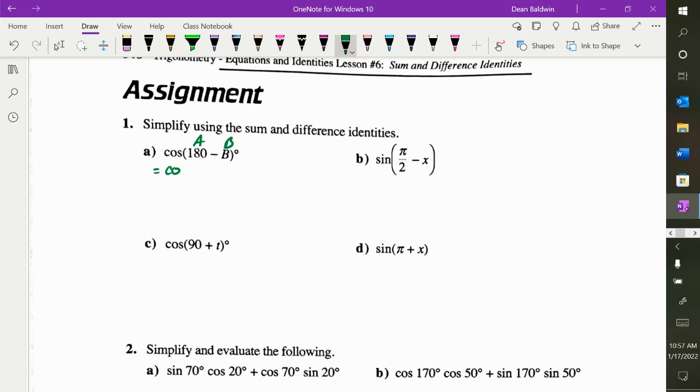It equals cos of a, cos of b plus sine of a, sine of b. Plug in your numbers. Cos of 180, cos of b stays the same. Sine of 180, sine of b, and this is all in degrees.